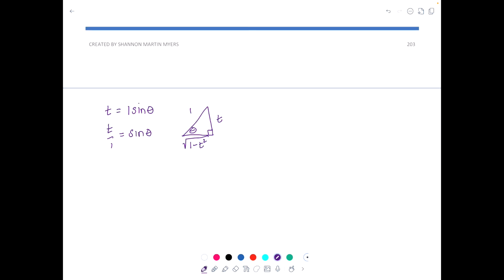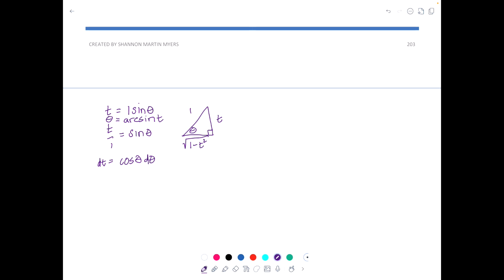Next up, what else are we going to need? We're going to need to know dt. dt is equal to cosine theta d theta. And then, just in case, if t is sine theta, theta would be arc sine of t.